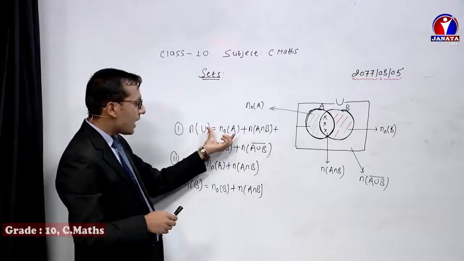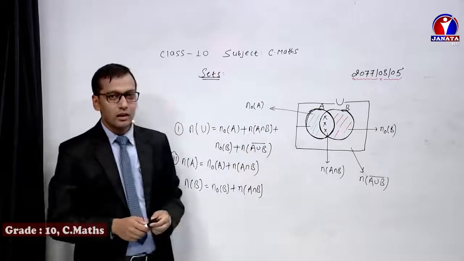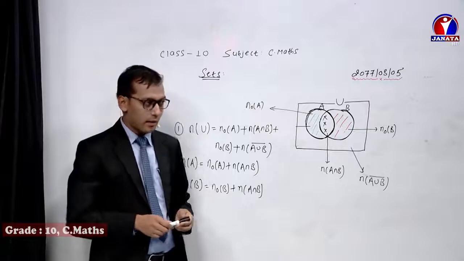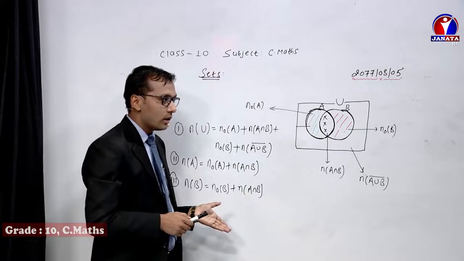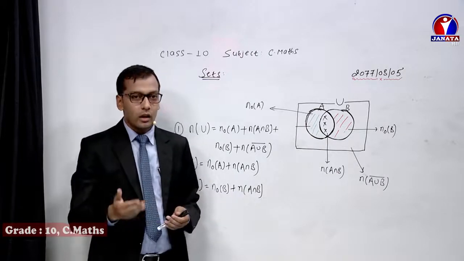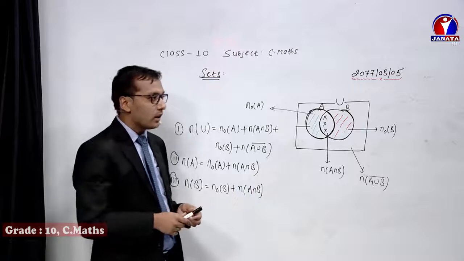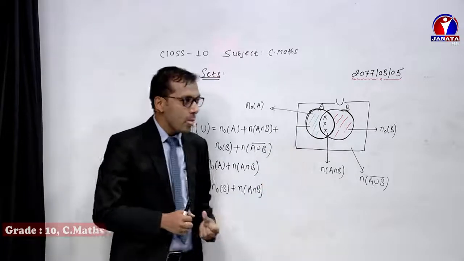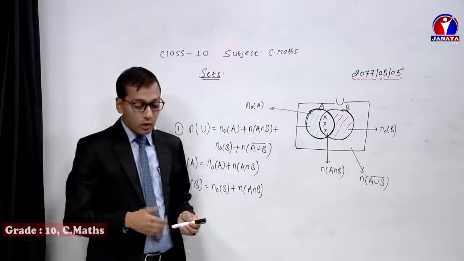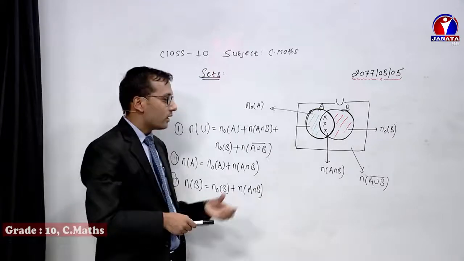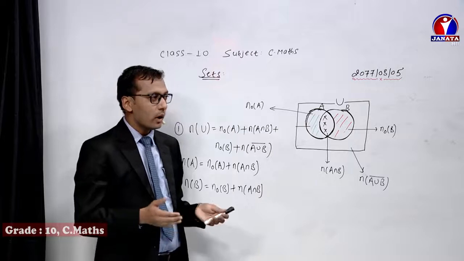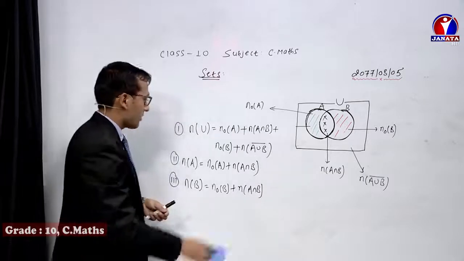Even these formulas are not necessary in word problems based on two subsets. In our next class, after completing word problems based on two subsets, I will be discussing word problems based on three subsets.